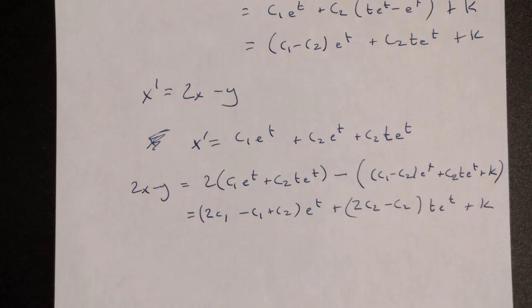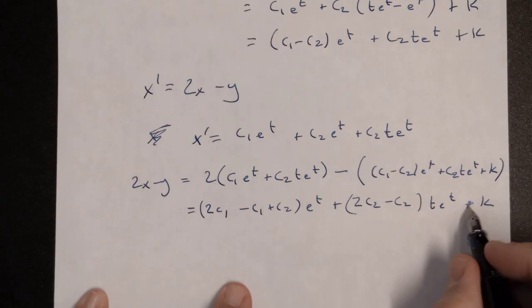The second set of parentheses, I have c1 minus c2 e to the t, which is being subtracted. So it's minus c1 plus c2. For the t e to the t's, I have 2c2 of them. And then I have minus c2 of them here. Oh, that's a minus k. There.